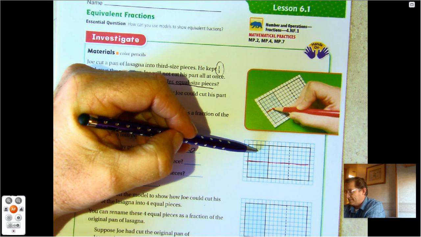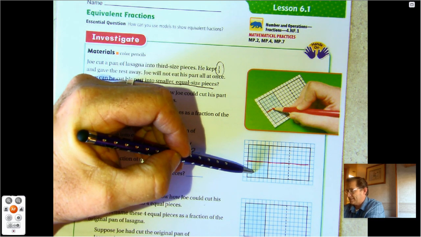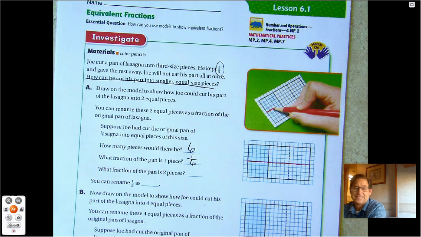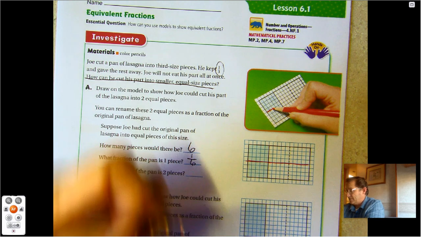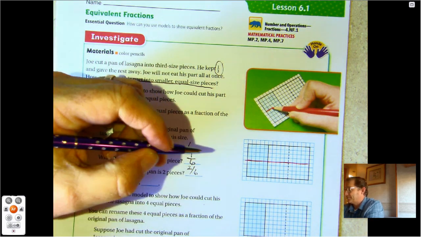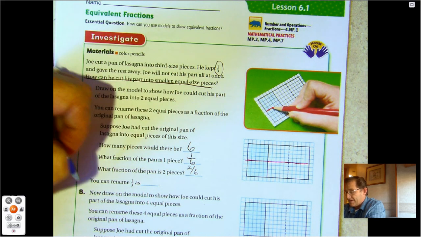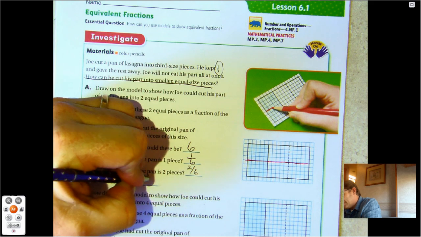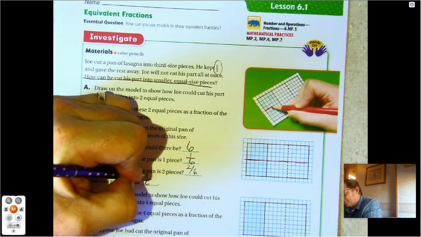That's 1 out of 6, 1 out of 6, so on. So each piece is now 1/6. What fraction of the pan is 2 pieces? 1, 2, out of how many? Out of 6 pieces. And we can rename 1/3 as 2/6.